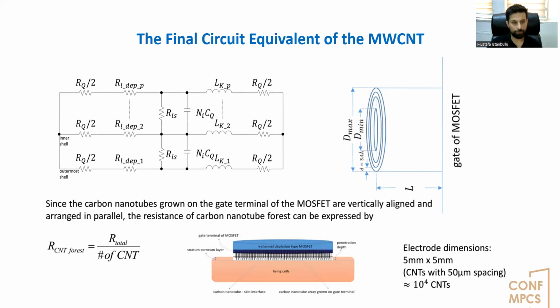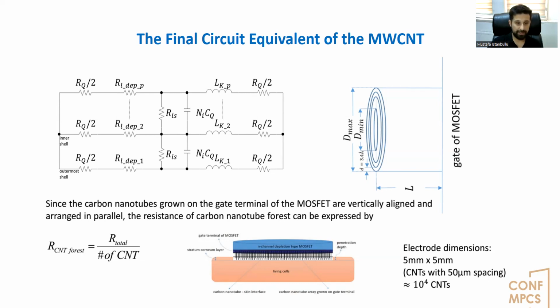A multi-wall carbon nanotube consists of many concentric shells of different diameters. Thus, each shell has different mean free path and different circuit parameters. The resistance of carbon nanotube depends on the number of channels, where the nanotube diameter specifies them. The mean free path also depends on the diameter of the carbon nanotube.